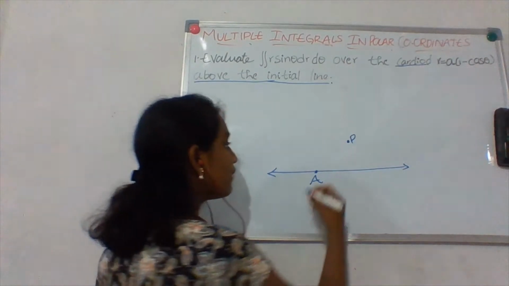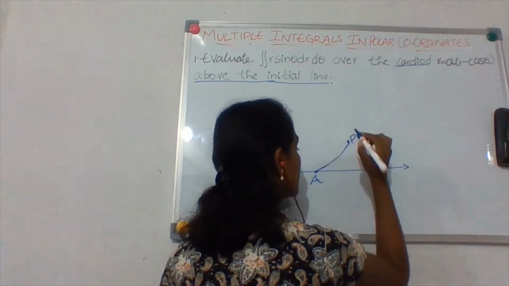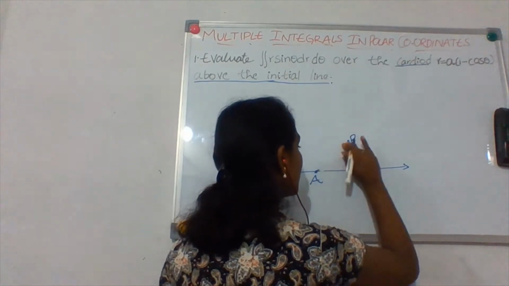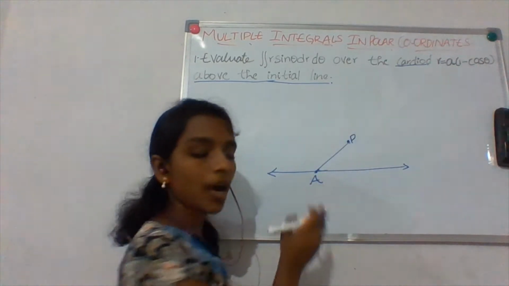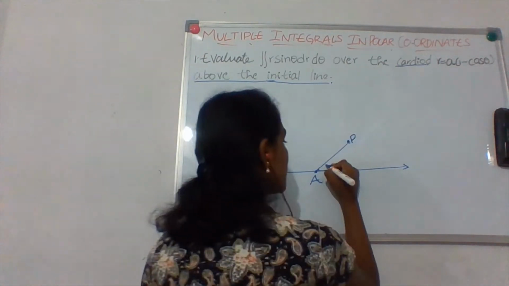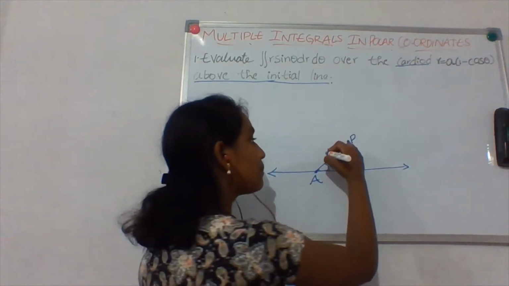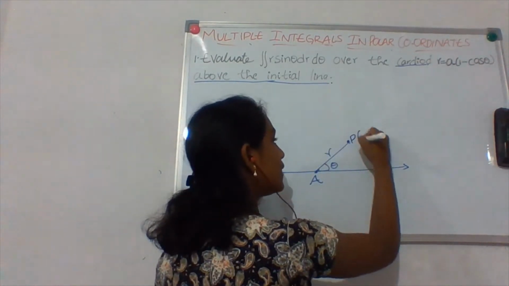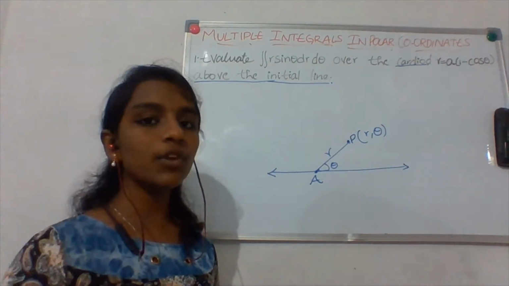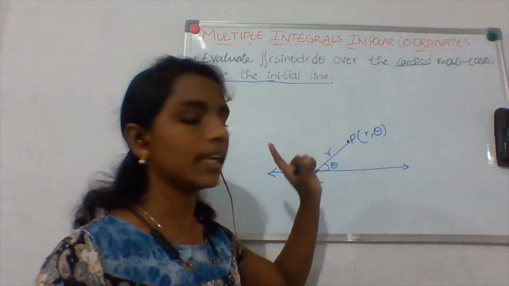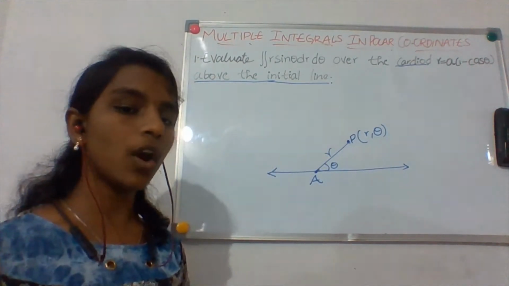Now you join the reference point and the given point with a line, not a curve. This line forms some angle with the initial line, that will be theta, and the distance between the reference point and the given point will be r. So the point will be r comma theta. Got it? That is how you represent a point in polar coordinates.